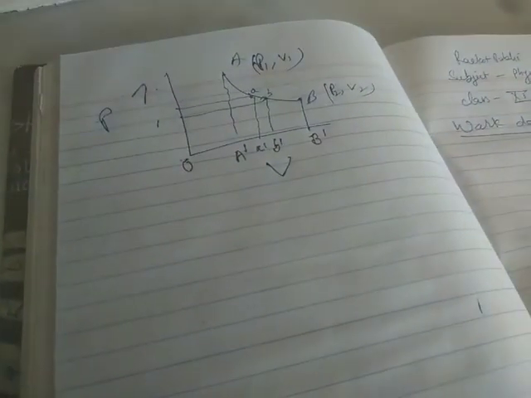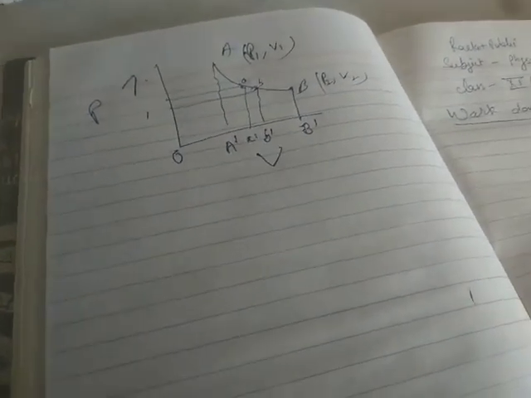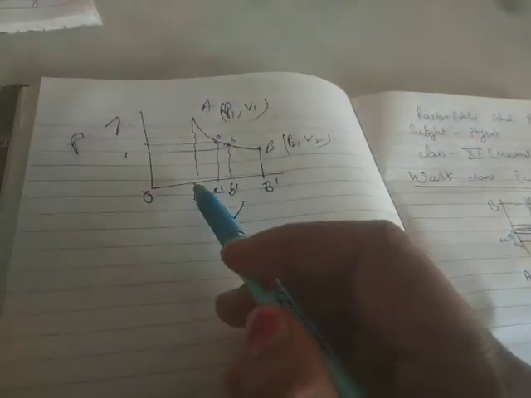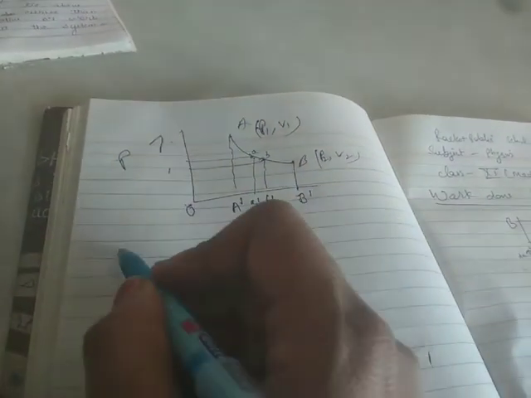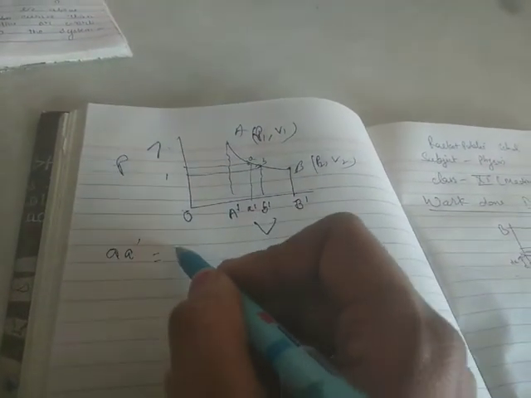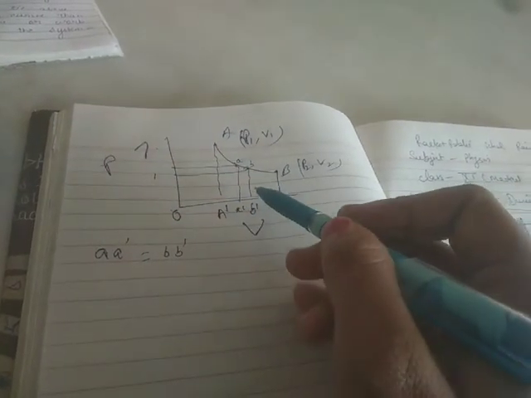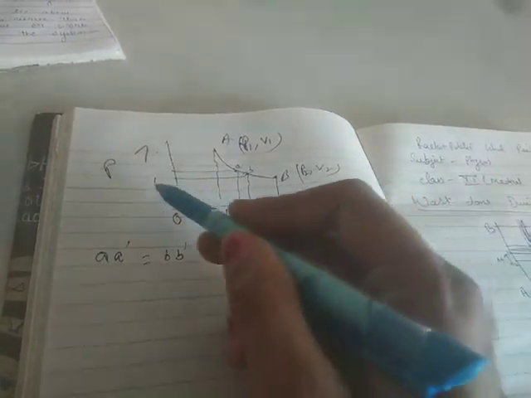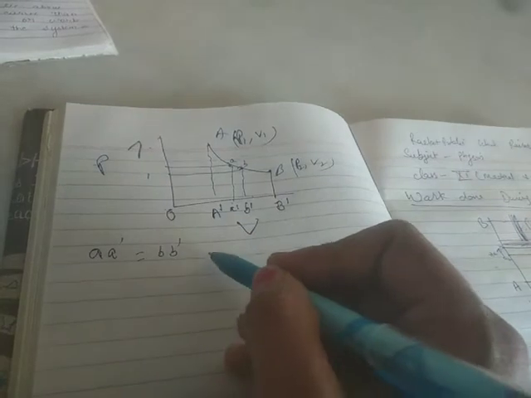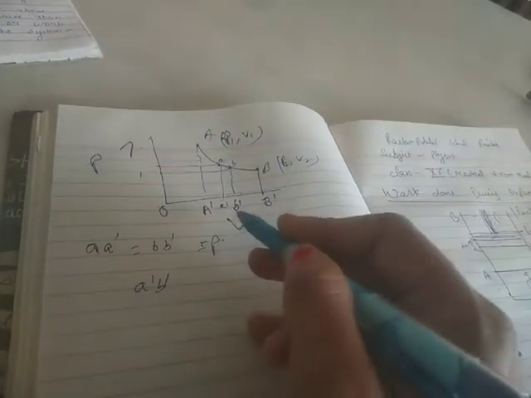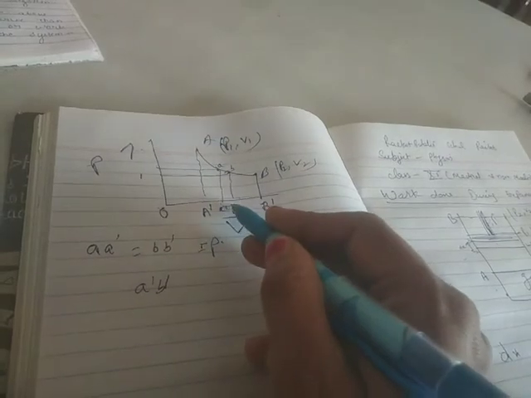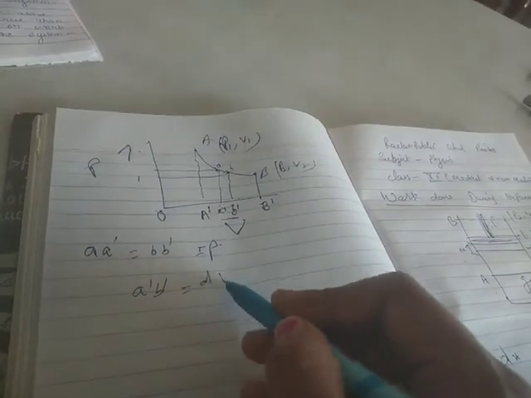Now if we want to calculate the work done in these situations, between the two steps A and B, then the pressure at A dash is equal to that at B dash. This is the pressure at any instant, let it be P. Clear? Similarly, the distance A dash B dash is the small volume dV.